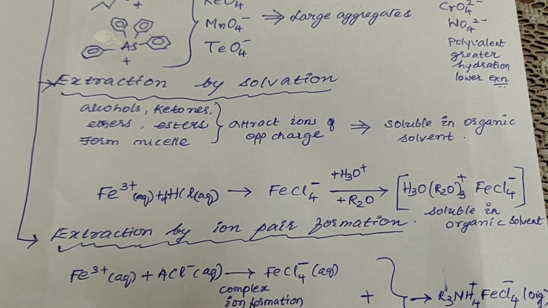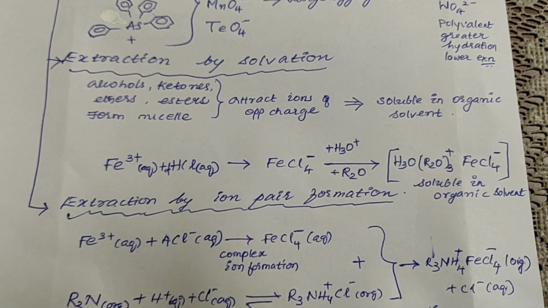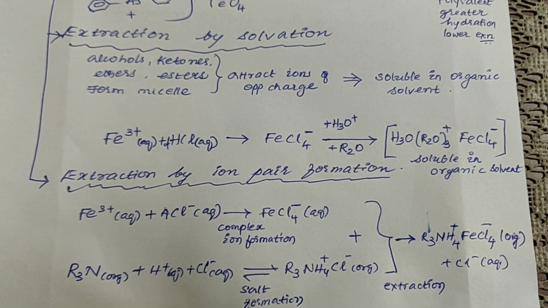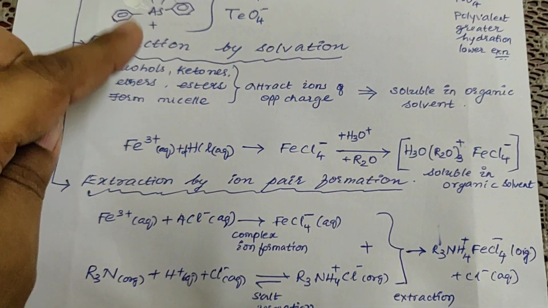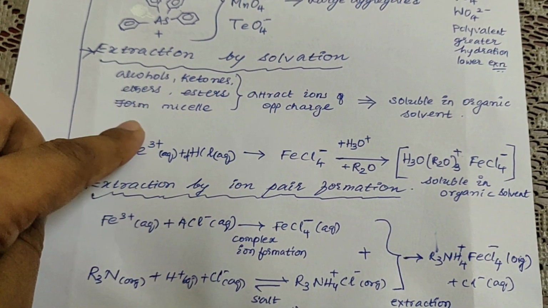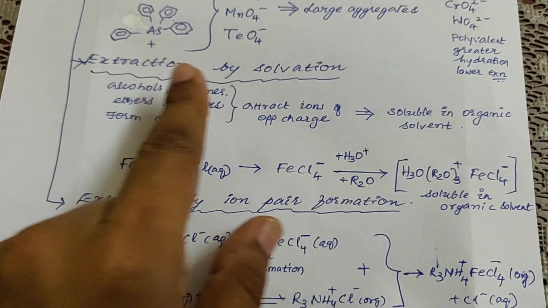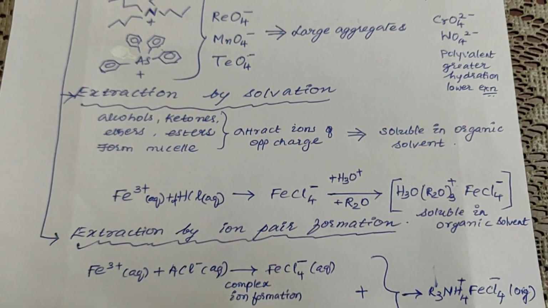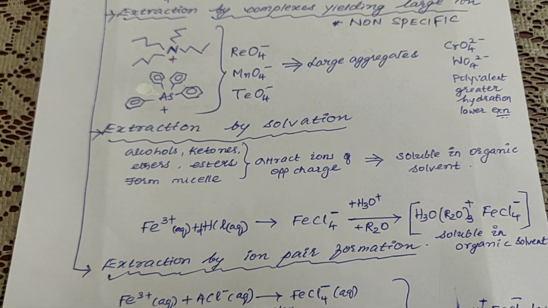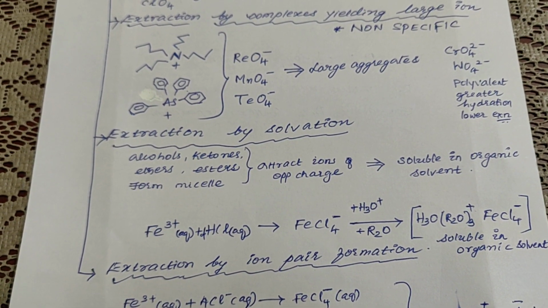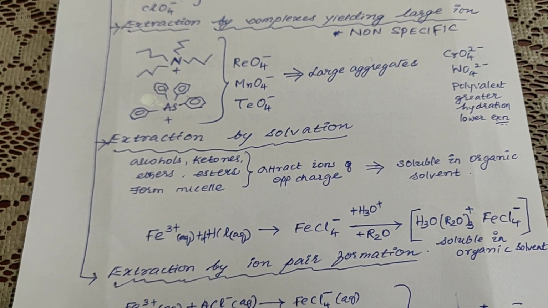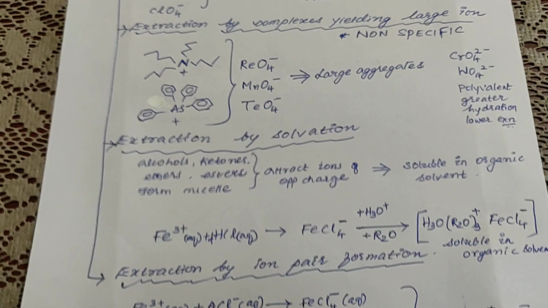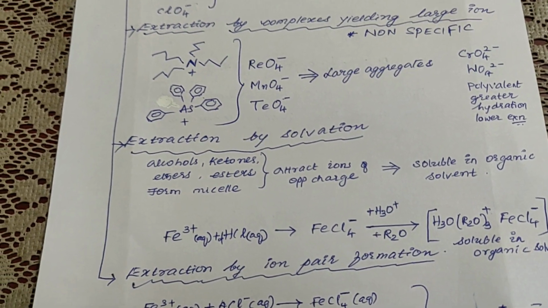Next is extraction by solvation and extraction by ion pair formation. To explain both of these, I am going to consider only Fe3+ ions. Extraction by solvation means that the solvent itself acts as an extractant. Say we have alcohols, ketones, ethers, esters. These have a dipole moment, and hence the O in them acts as a charge bearer.